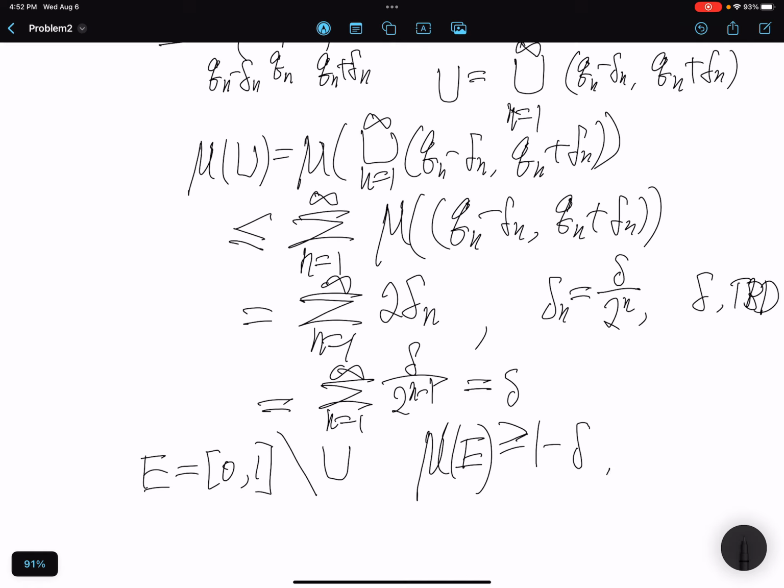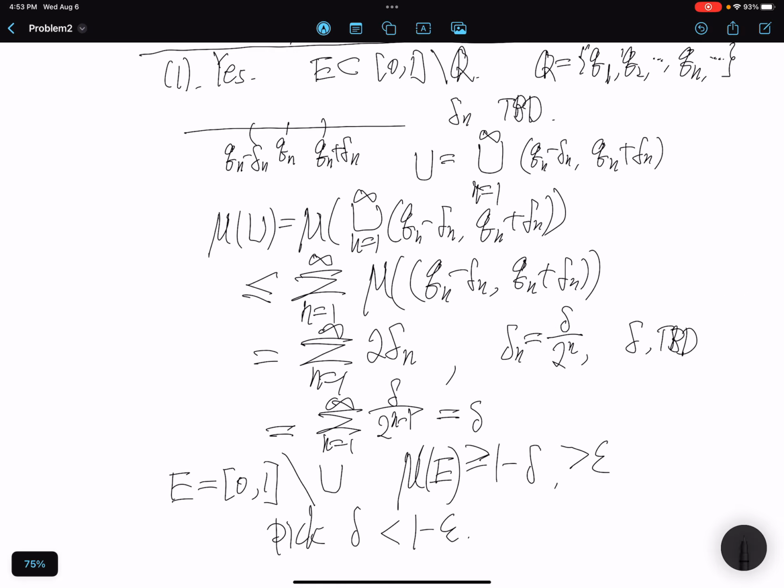We want this to be greater than epsilon, so we pick delta less than 1 minus epsilon. To summarize, if we pick delta less than 1 minus epsilon, then the E we constructed consists of irrational numbers only, and the measure is greater than epsilon.